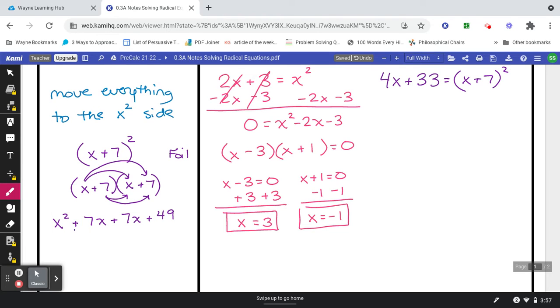Then we'll combine like terms. X squared plus 14x plus 49. So that's what we'll go over here in place of our x plus 7 squared. X squared plus 14x plus 49.